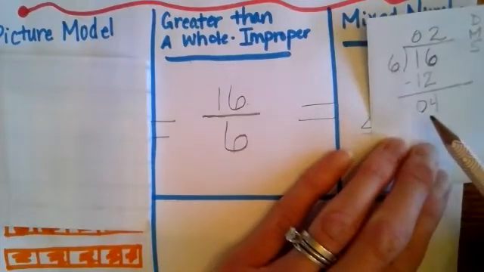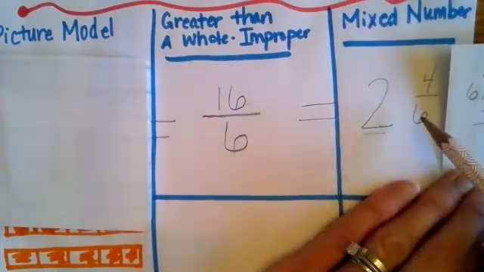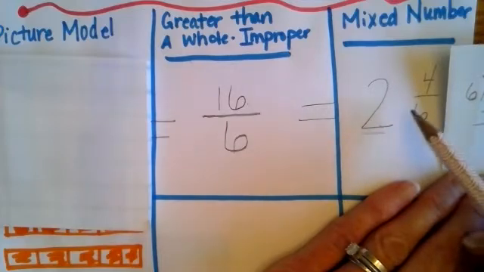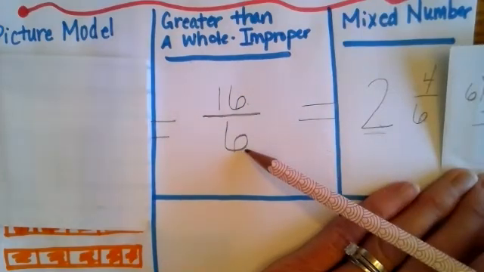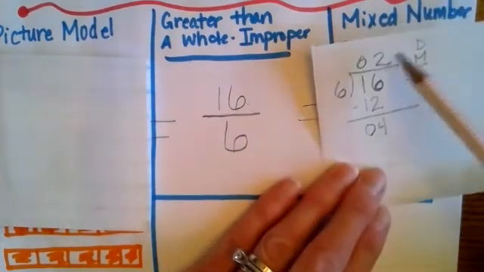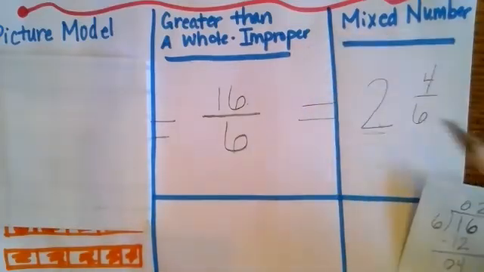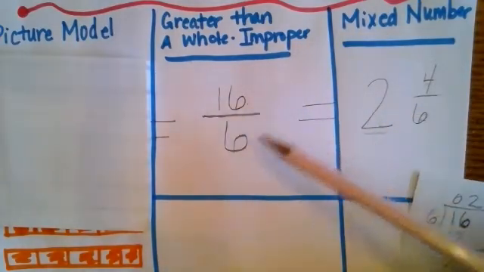Our remainder was 4. And then our rule is always the denominator stays the same because that shows how many parts were in each whole. So 16/6 is really equal to 2 and 4/6.